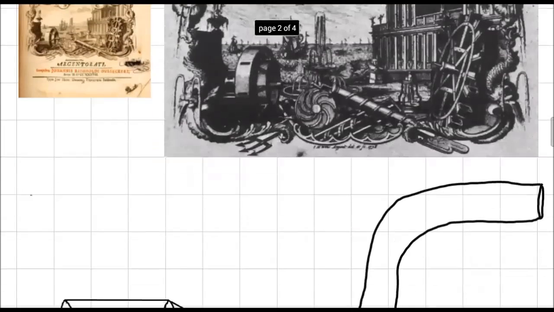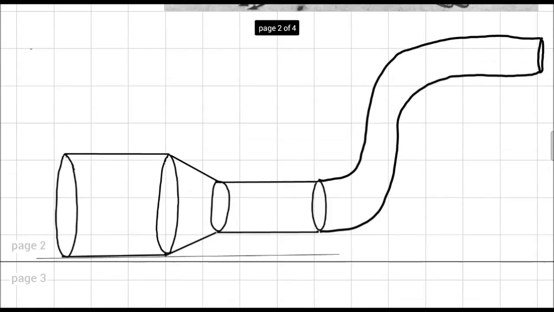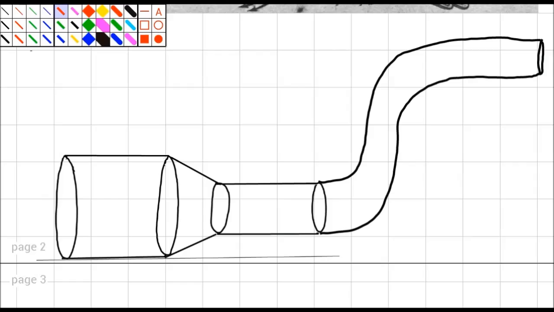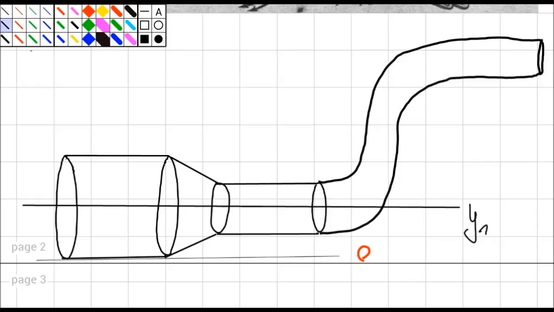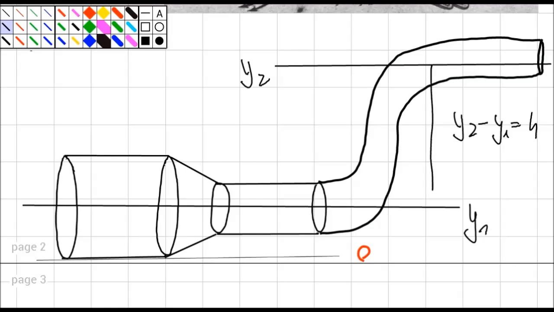And when you think about this, you come up with piping. Piping looking a bit like this here, where you have a ground zero, and then maybe you have a height, which we will call y1, and another height, which we might call y2, and we can establish y2 minus y1 equals h, the height over here.